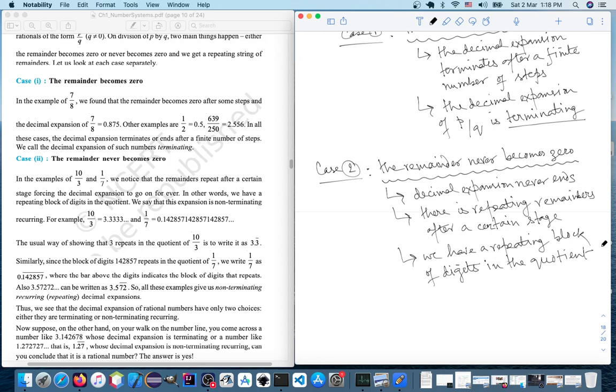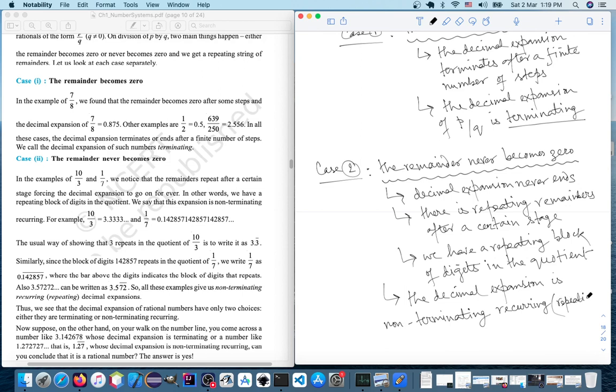So in this case we say that the decimal expansion is non-terminating, and non-terminating recurring or repeating. Recurring means repeating.